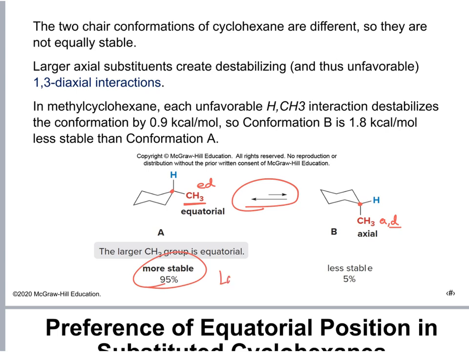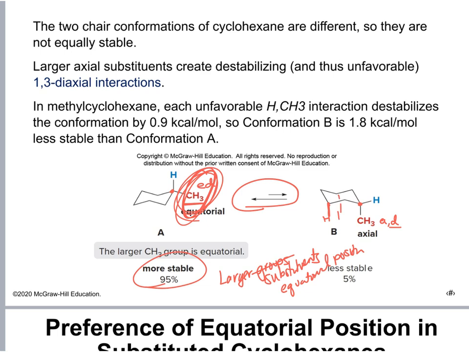You want your larger groups or your larger substituents on these rings. They need to be in the equatorial position. So if you did a model, you could see when you rotate this, it has more space to rotate. And when it rotates, it needs to be in that equatorial position. Here, the problem is there are these hydrogens here, and there's a hydrogen here.